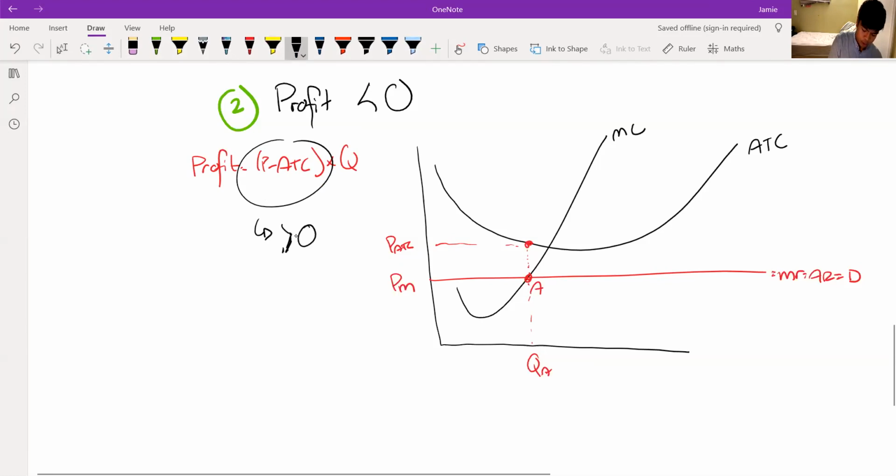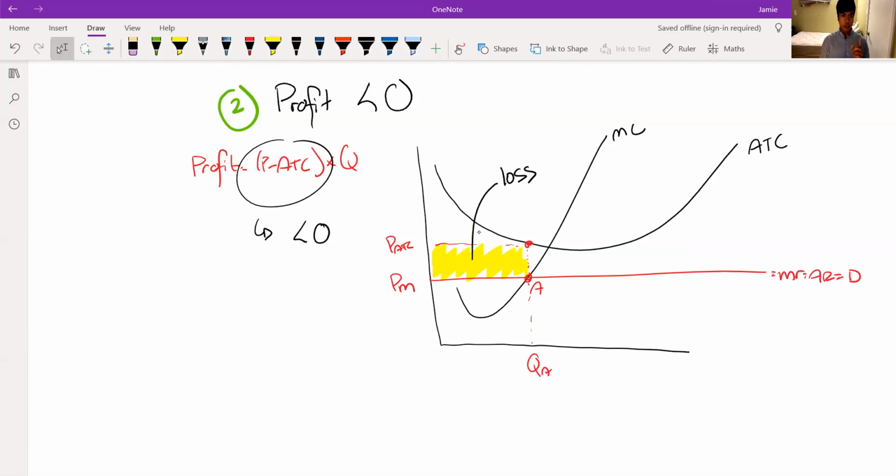So therefore, it's a negative value. So a negative value times quantity would be the loss to this firm, which is, let's use yellow, this would be the loss. So this is an economic loss.